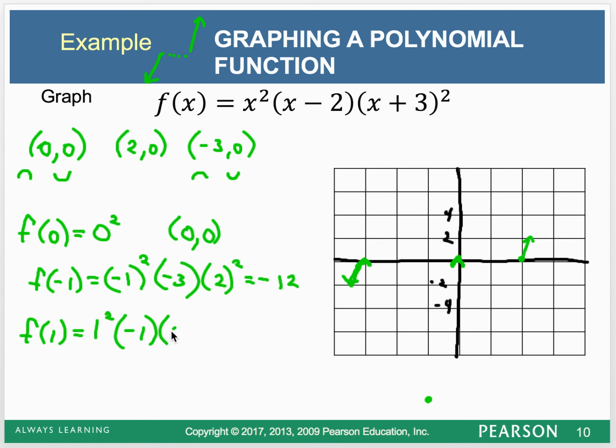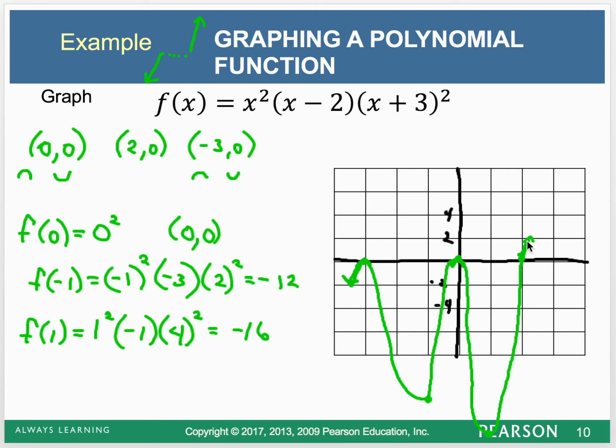And then 1 plus 3 is 4 squared. So this is -16. It's even lower. 12, 14, 16. Well, right, just so we don't have to redo our values. So this comes way down here, through this point, up here, turns around, and continues.